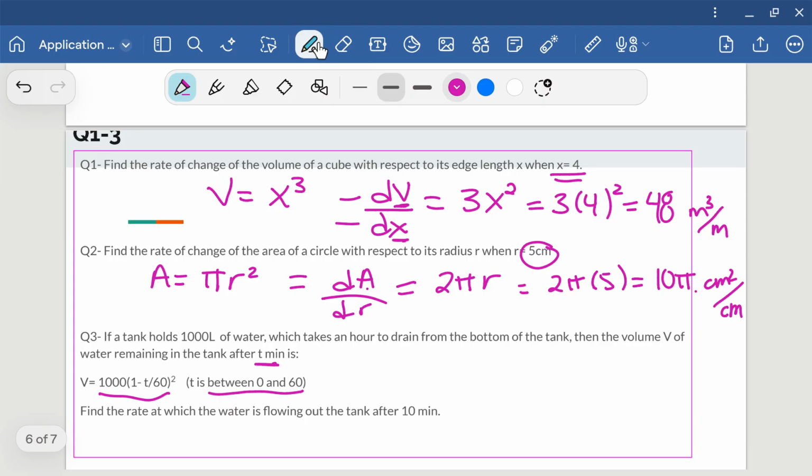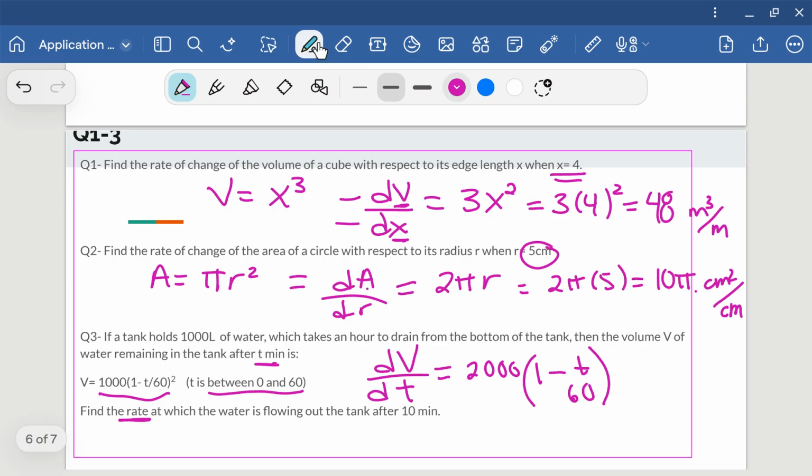If we want the rate at which water is flowing, again, anytime they're saying rate with these problems, take that first derivative. So I'm taking the derivative of the volume with respect to time, and that's going to equal, so we'll bring that 2 down, we'll have 2,000 times 1 minus t over 60, take 1 away, and then this is the chain rule as well.